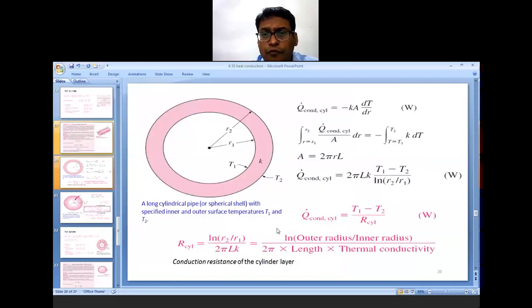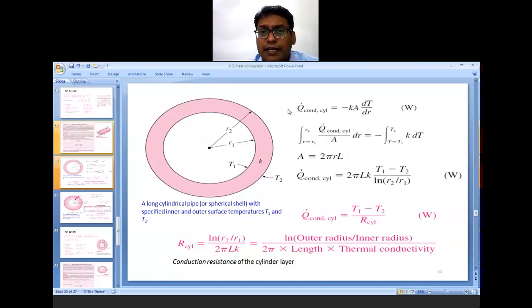We have reached the general heat conduction equation, that is Q equals 2 pi kL into T1 minus T2 upon ln of R2 upon R1, where A is the surface area of the cylinder, that is 2 pi r into L.